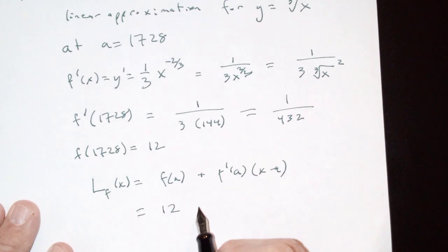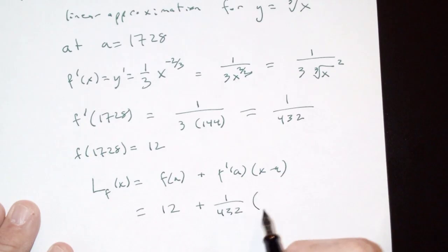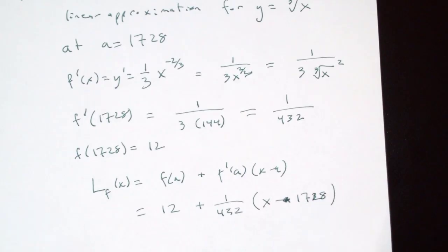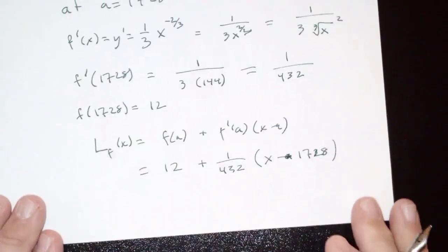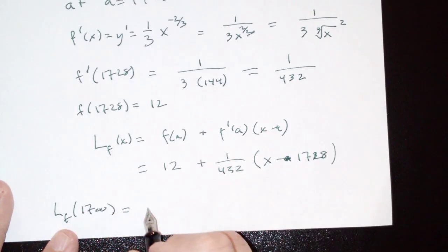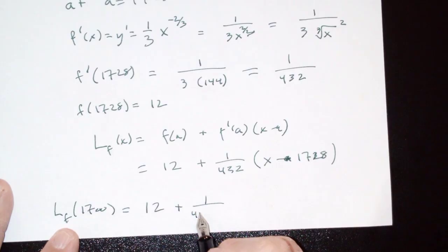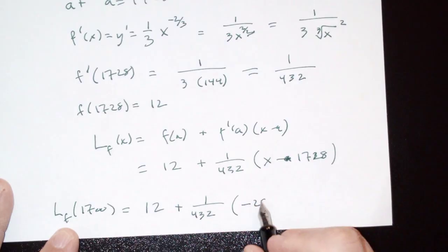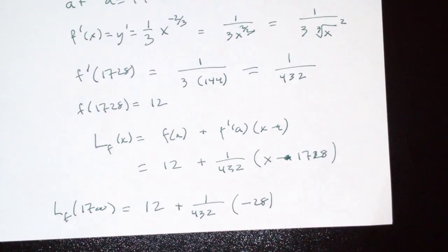That's 12 plus 1 over 432 times x minus 1728. Now I can plug in the number I know. The approximation for 1700 is 12 plus 1 over 432 times 1700 minus 1728, that's negative 28. This number is going to be smaller than 12.